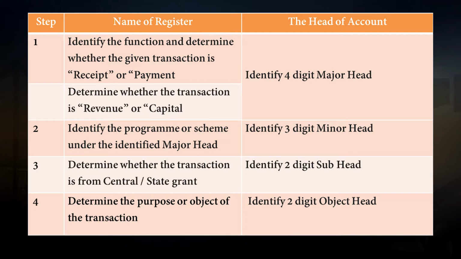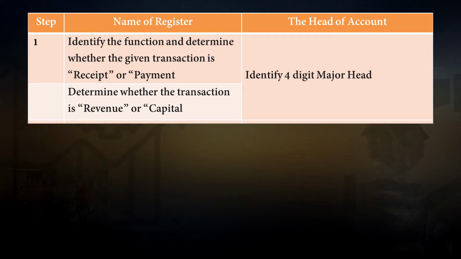After codification, we are now learning the identification of the head of account of a transaction. You can easily identify the code for each transaction by referring to the chart shown. Step: refer to the transaction and chart of accounts. The head of account. Step 1. Identify the function and determine whether the given transaction is receipt or payment, and whether the transaction is revenue or capital.